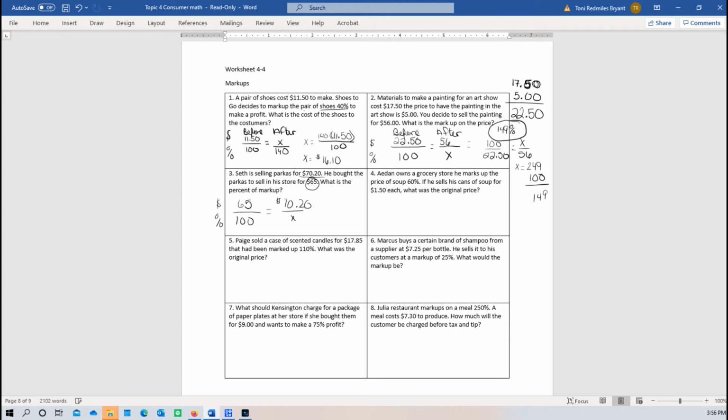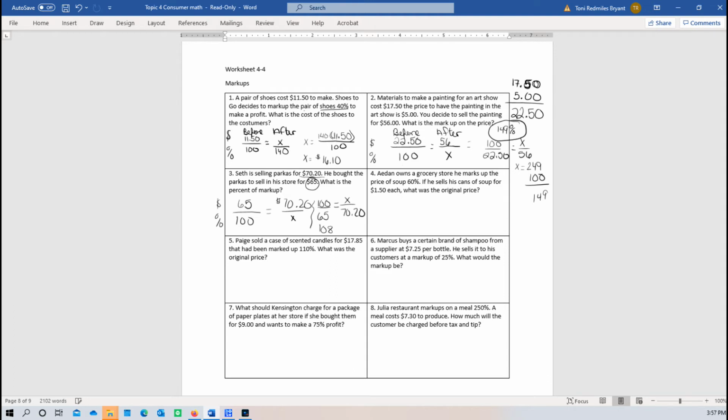Again, we do not know that markup on sales. So first thing, flip. We don't want our X on the bottom. That just makes everything more difficult. A lot easier if we just flip both sides. Now we can do our math. So go ahead and either cross multiply or use opposite operation, which I totally recommend.